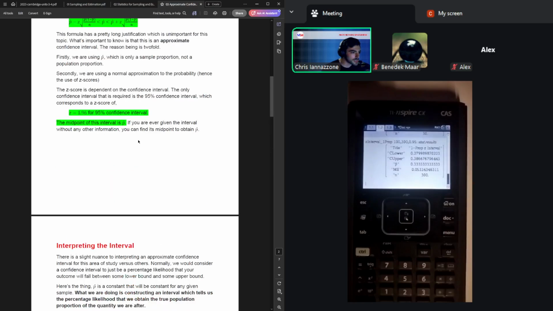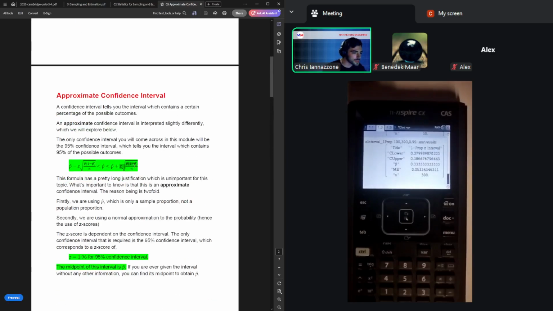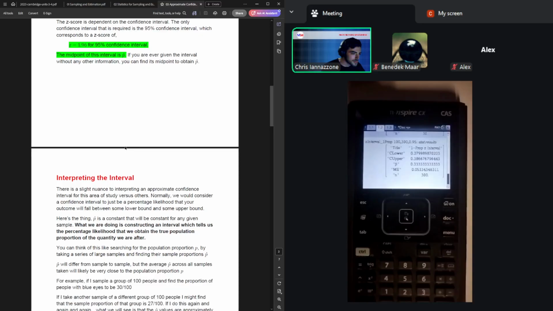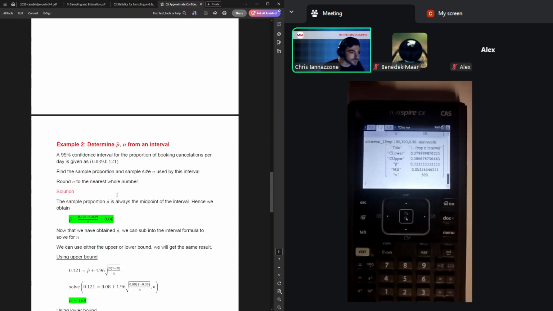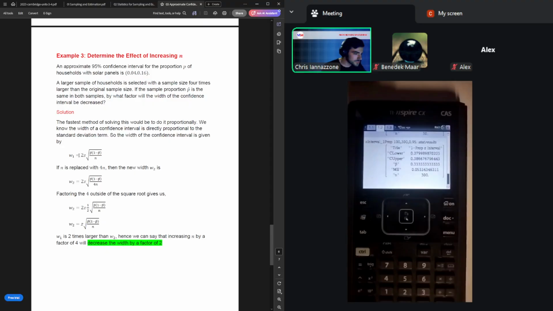If we look way back to the equation, it was p hat plus this value and p hat minus this value. So if you go right by this and left by this, the same number, the width is just double whatever that was. Which is why I'm saying that the width is given by 2 times that standard deviation term that we have.